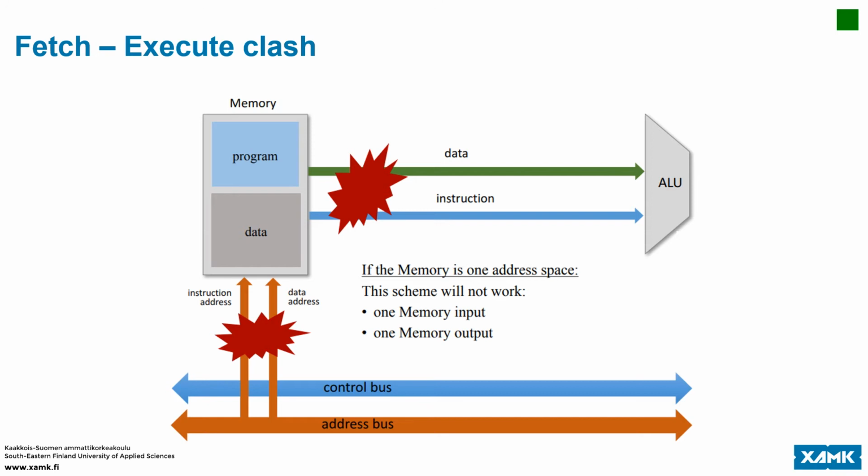So what we see here is what is called a fetch execute clash. If the memory is only one address space, which in modern computers it actually is, this fetch execute scheme will not work because we only have one memory input and one memory output, yet we have the need for two outputs and two inputs, one input and output for data and one input and output for program instructions.